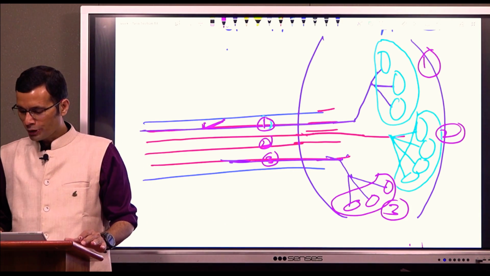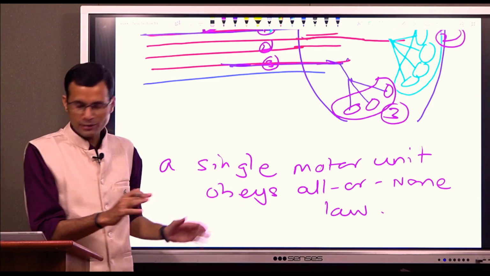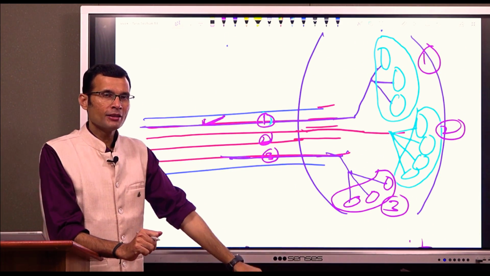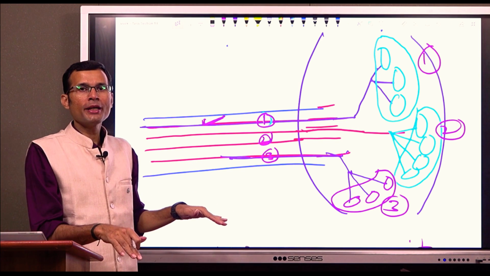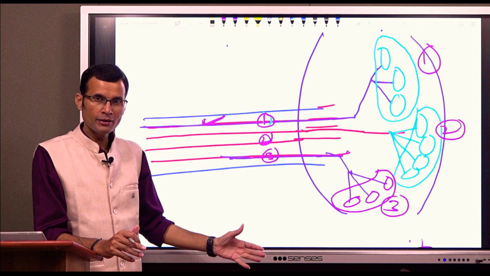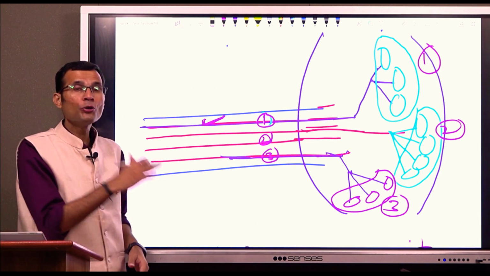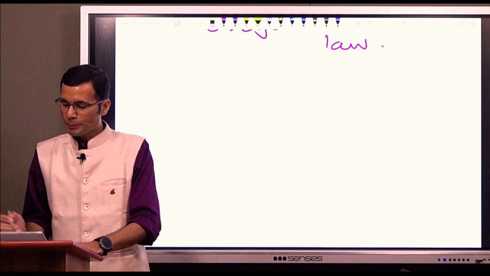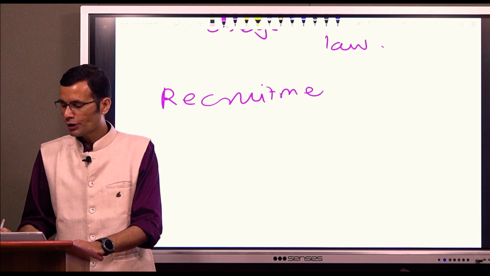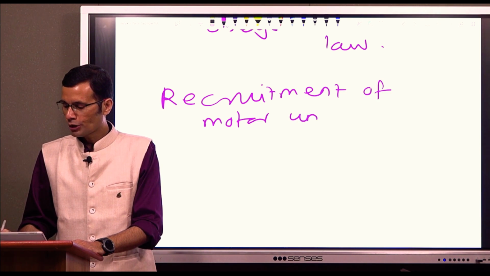So, a single motor unit obeys all or none law, all or nothing principle. But the entire muscle does not obey all or none law. What do I mean here? There is a principle called recruitment of motor units.